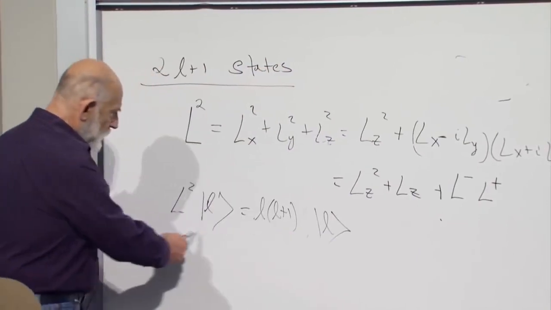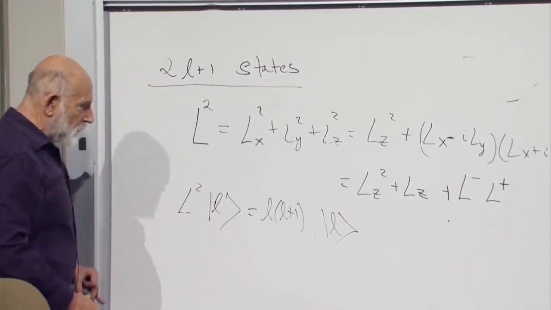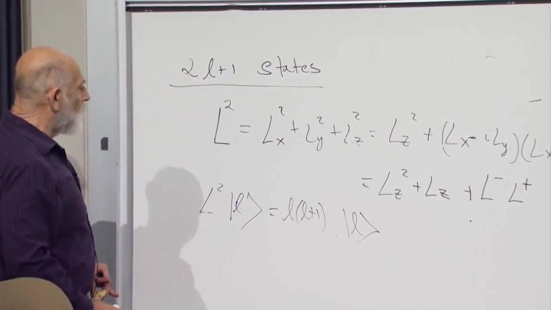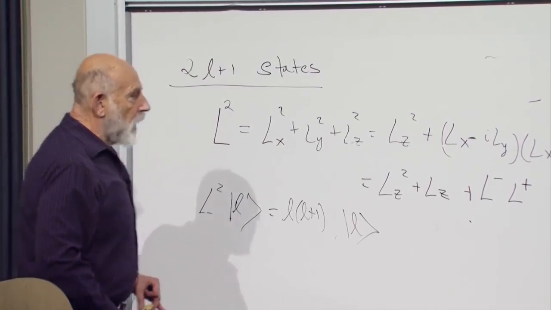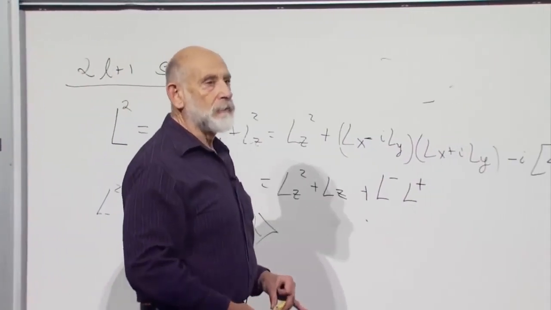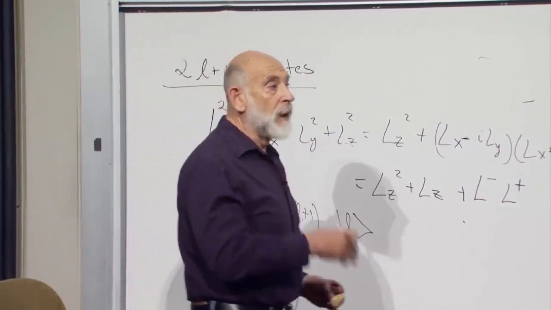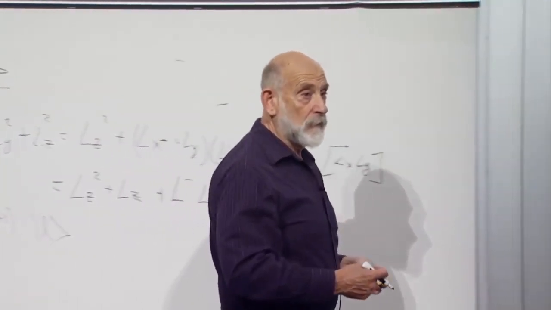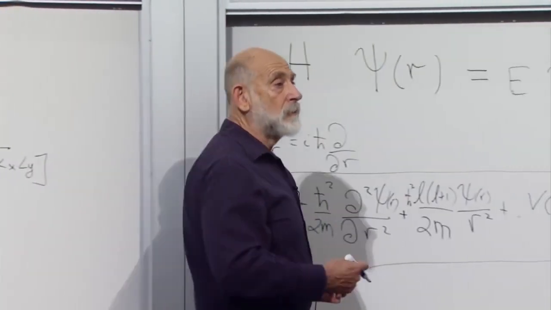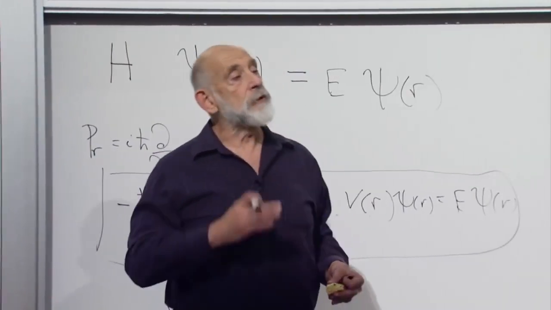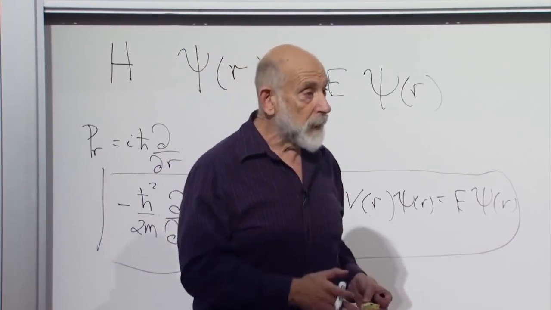But that applies to any value of L, we said, right? Yeah, so if we know the angular momentum quantum number of the wave function, then we can plug it in. What L is really is the maximum eigenvalue for that multiplet.